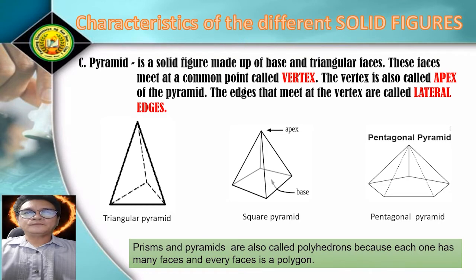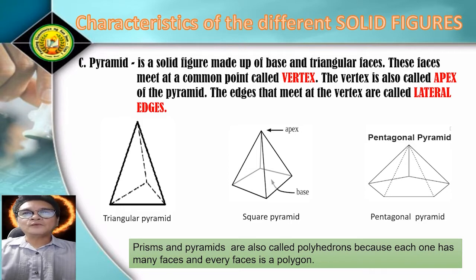Letter C. Pyramid. Pyramid is a solid figure made up of a base and triangular faces. These faces meet at a common point called vertex. The vertex is also called the apex of the pyramid. The edges that meet at the vertex are called lateral edges.